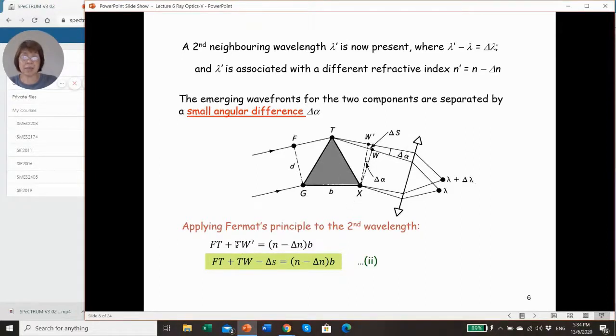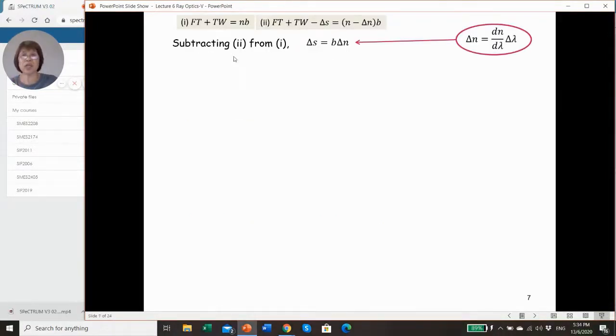And Tw prime is equal to Tw minus delta S. Delta S is given by the width of the beam, which is D, multiplied by delta alpha. Then we subtract equation 2 from equation 1.